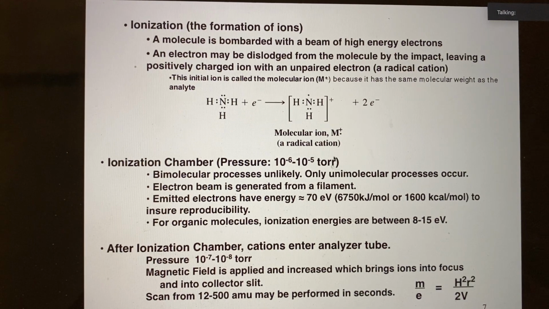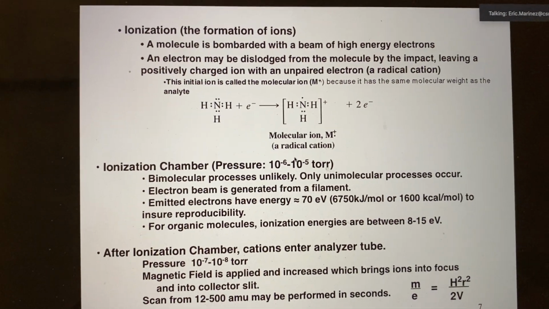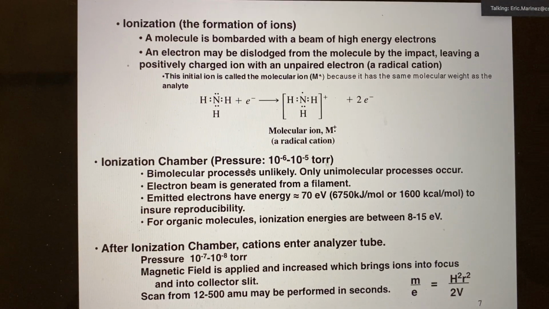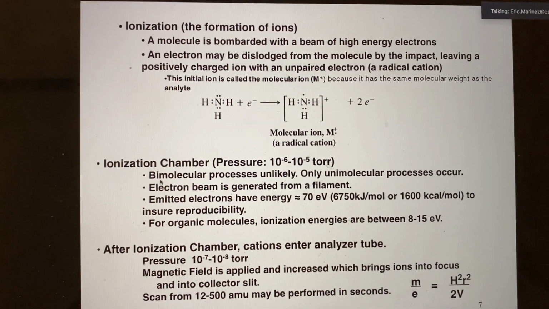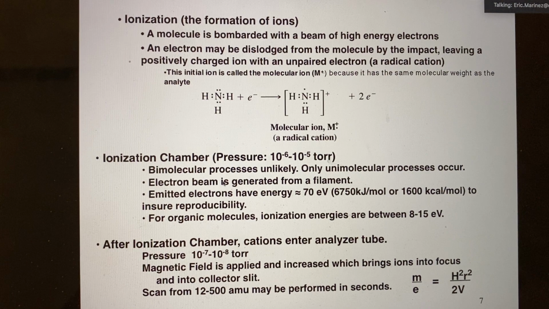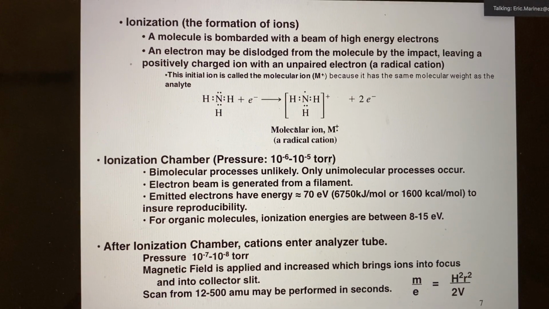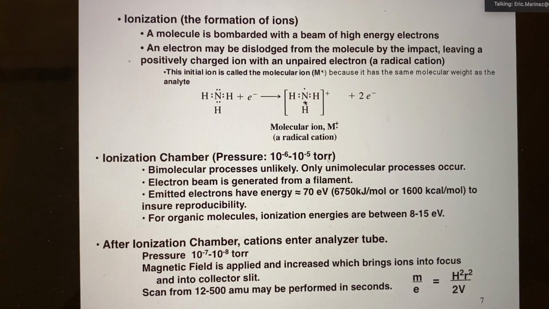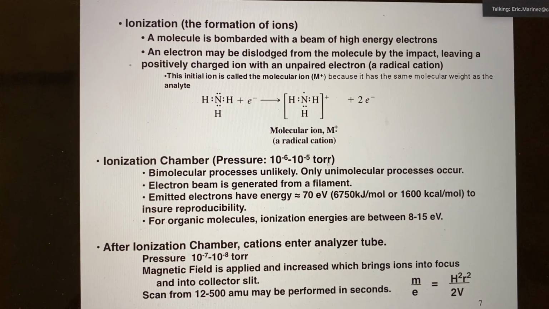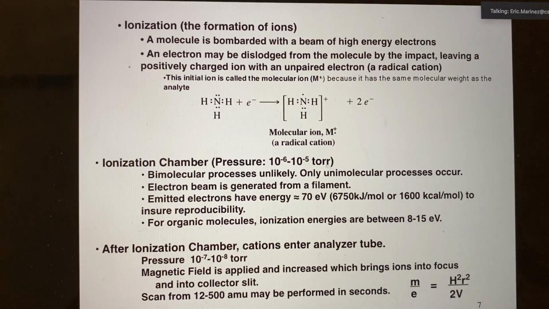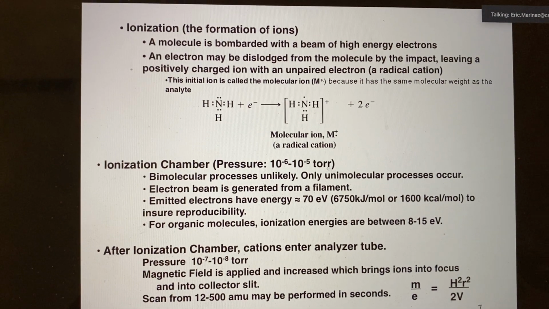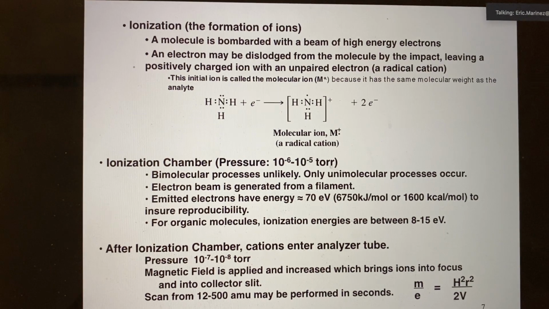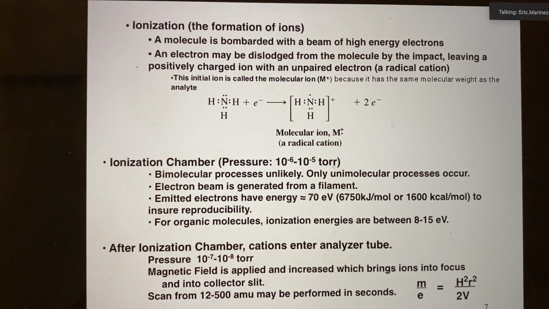So we're in a very, very high vacuum, and the reason for this is that it basically prevents bimolecular processes from occurring. Because remember, two radicals will want to collide to make a sigma bond. But if we do this under vacuum and in the gas phase, we're really preventing bimolecular processes from occurring, but instead we're looking at unimolecular processes, and in this case, fragmentation.